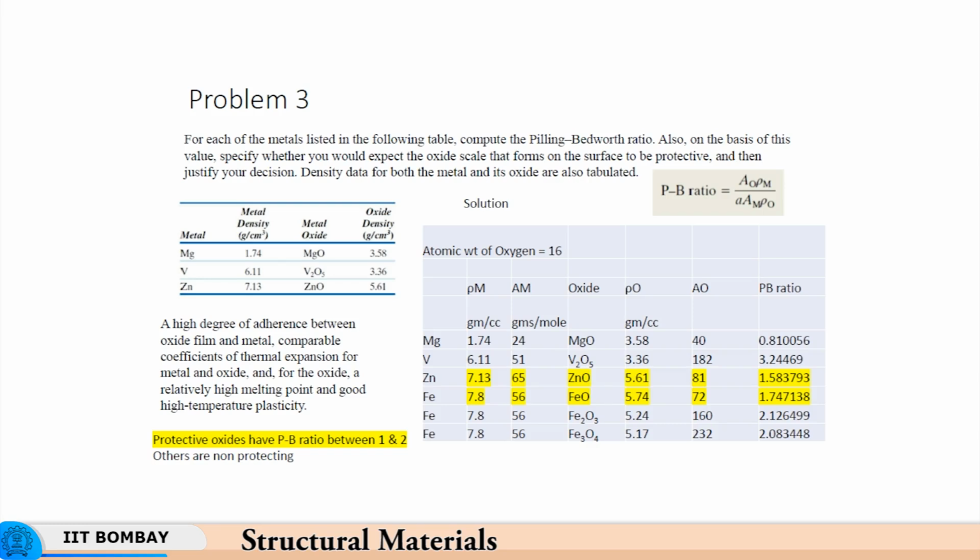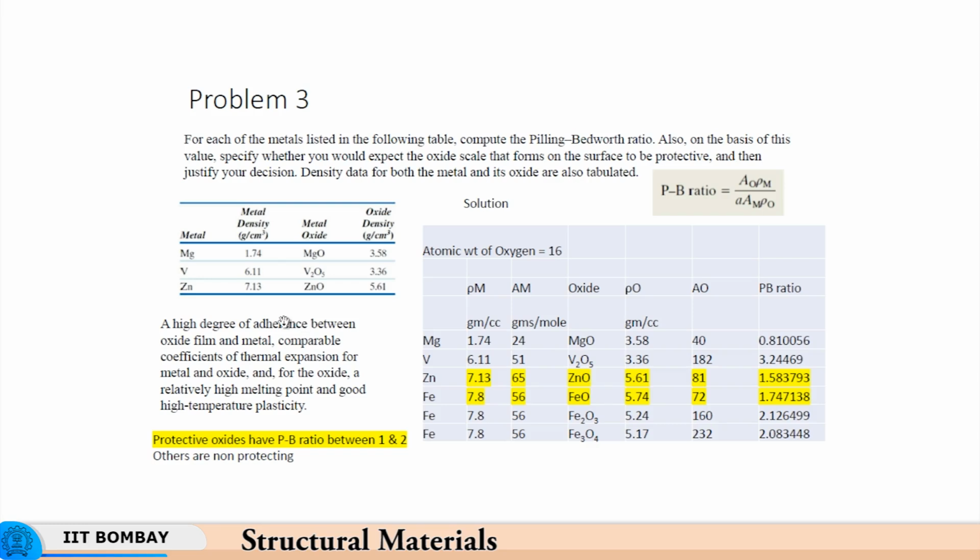So, we are going to see what is called the Pilling-Bedworth ratio, which decides whether the oxide is going to be tenacious and protect the material, or whether it is going to spall off and cause further oxidation, or is it going to be porous, for example.